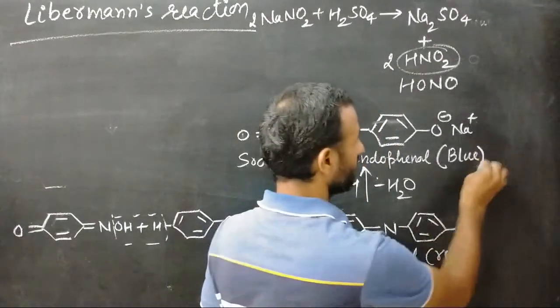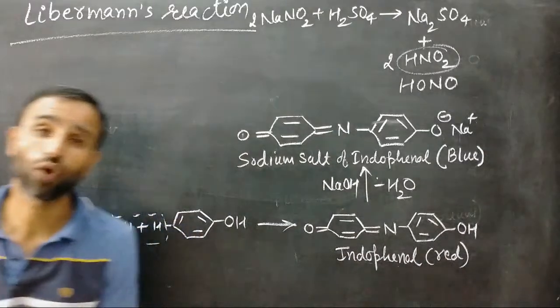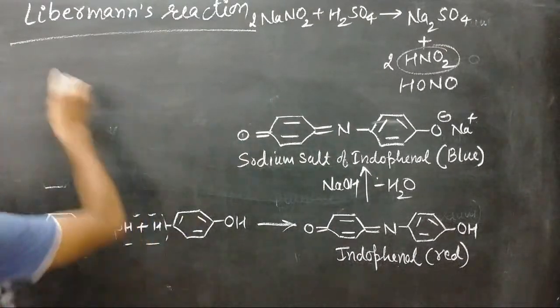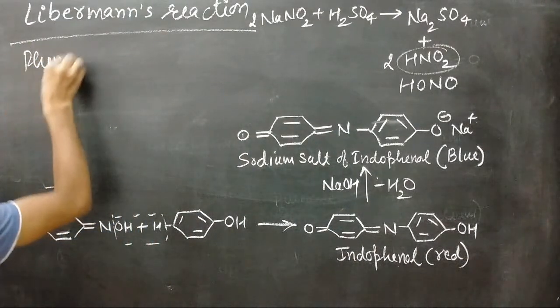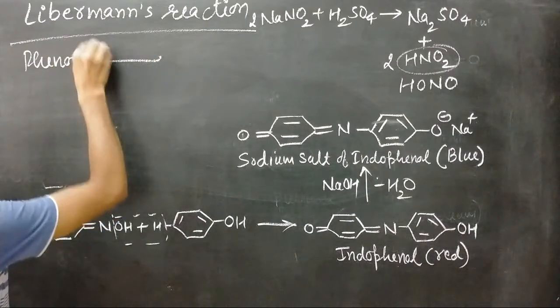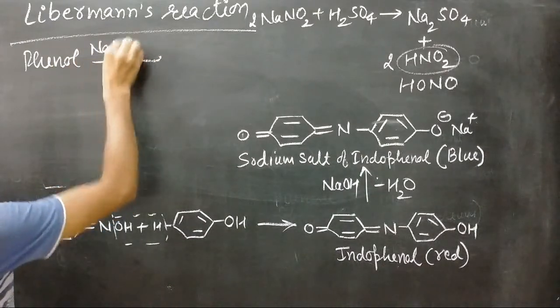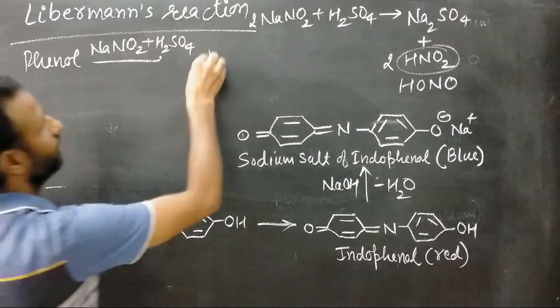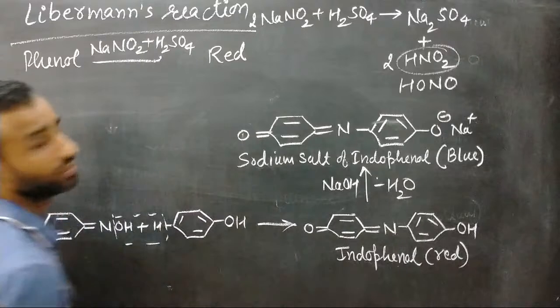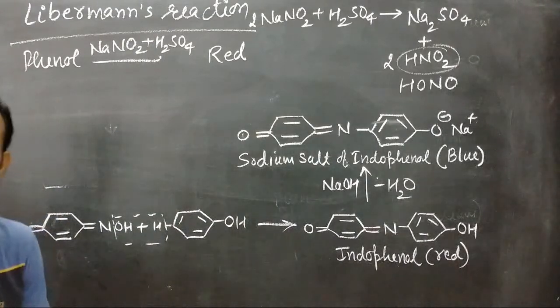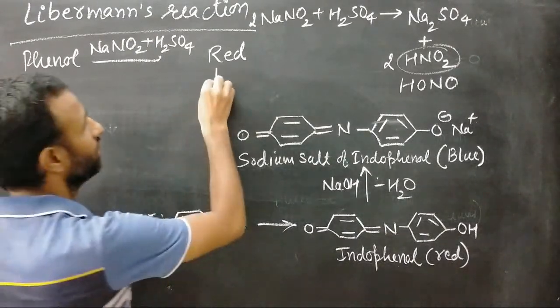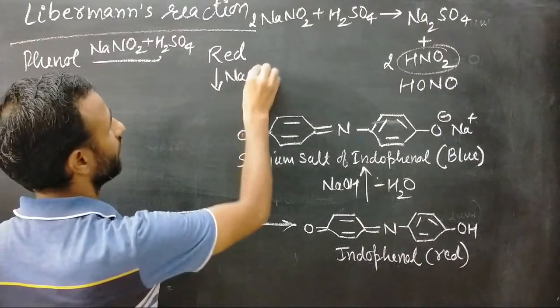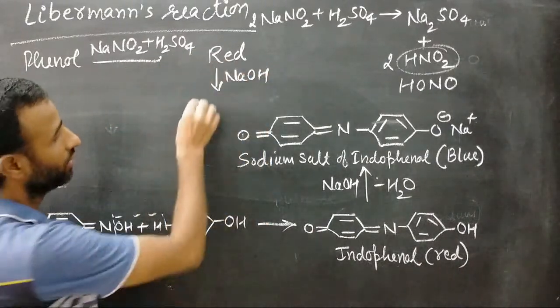So what is Lieberman's nitroso reaction? It is a test for phenol, that when phenol reacts with sodium nitrite and H2SO4, its color becomes red, and when sodium hydroxide is added after that, it turns blue.